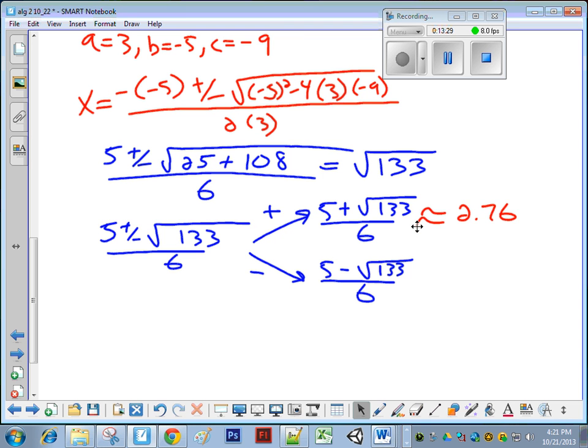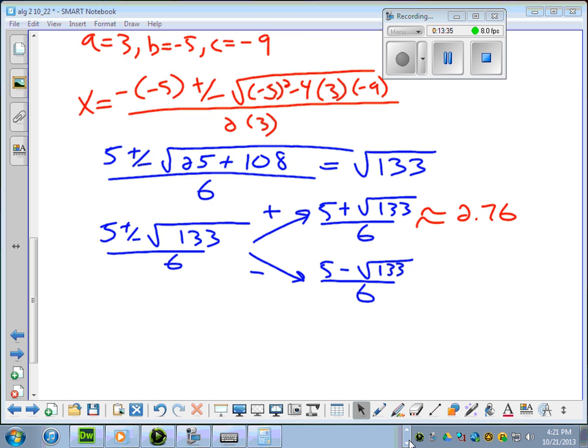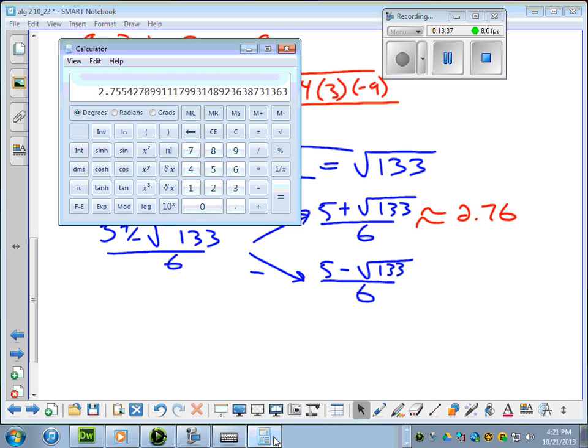Okay, and my other answer for this, we'll do the same basic process. This time, I'll try it like this. I'll type in 5, and I'll subtract 133 to the power of 1/2.